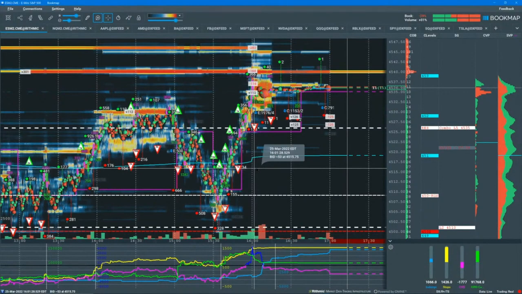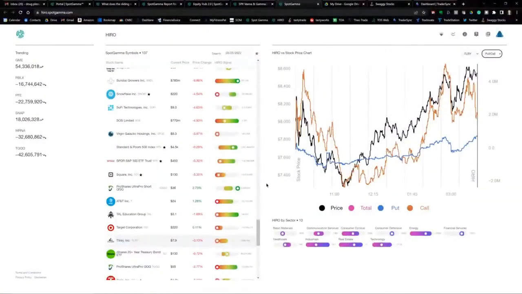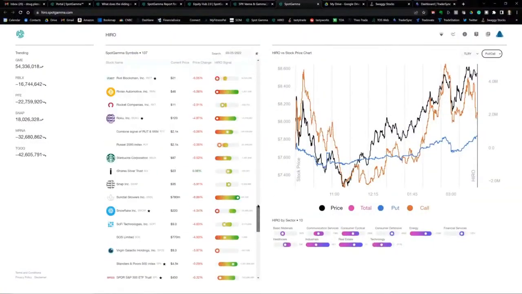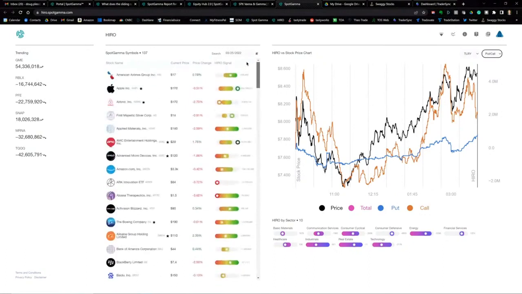So only for a month now since you've had access to this tool. So this is all really new trading for you, and you're still kind of figuring it out. Yes, this is a new tool.